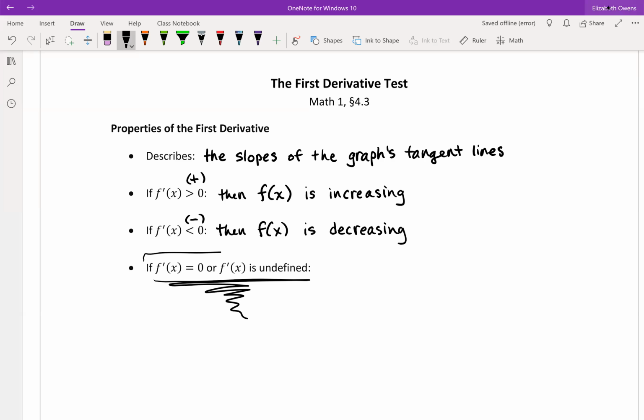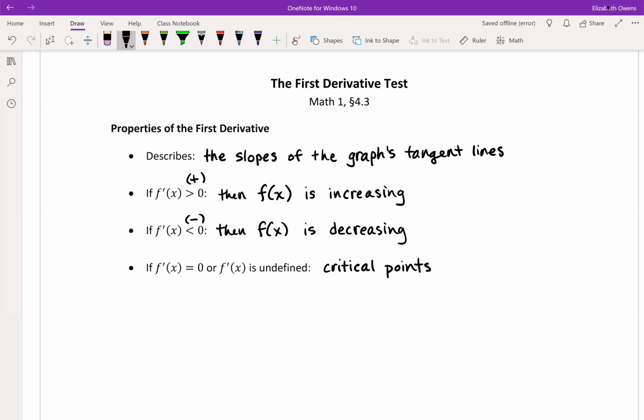Where the derivative was 0 or undefined? Yeah, someone very quick in the chat there. Very nice, critical points. So yes, those are our critical points. Okay, awesome.